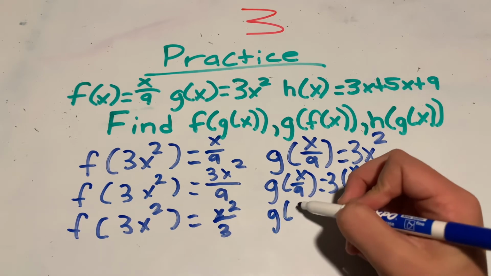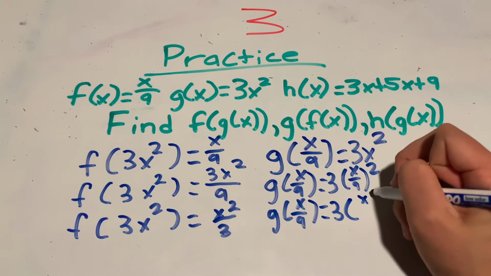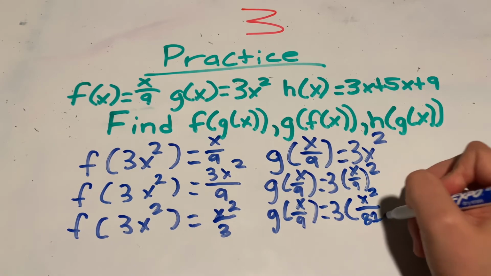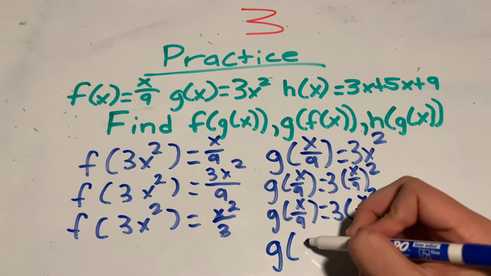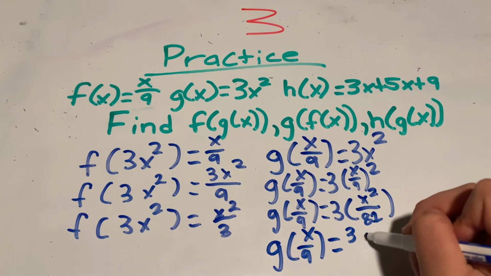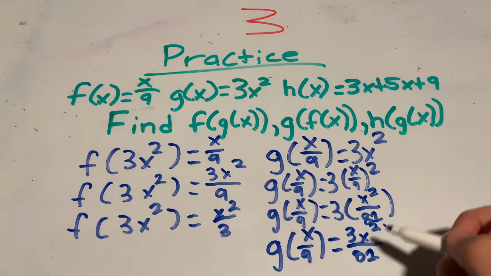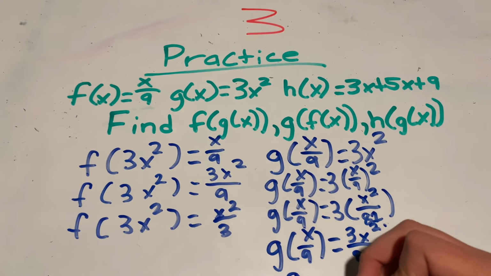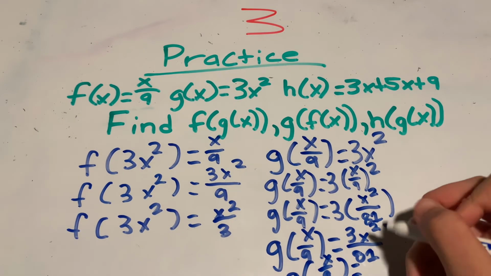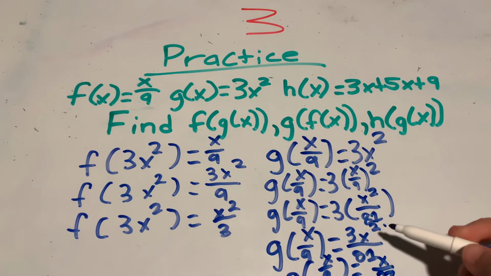Then it equals 3 times x squared divided by 9 squared, which would be 81. And then it equals 3x squared divided by 81. And lastly, since we have 3 and 81, we can simplify, and it equals x squared divided by 27.